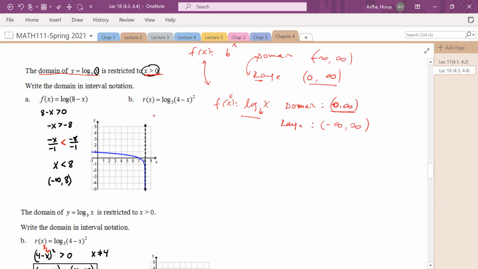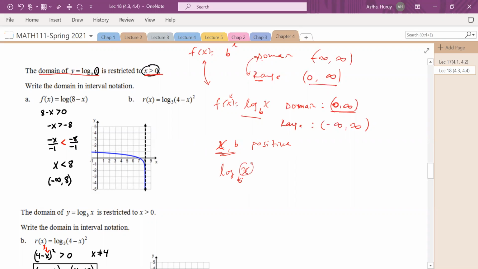Now, one thing that we wanted to know when you determine the domain of a logarithmic function is, originally when we defined a logarithmic function, we said x and b, both of them have to be positive real numbers. Therefore, when you write log x base b, these two numbers have to be positive.